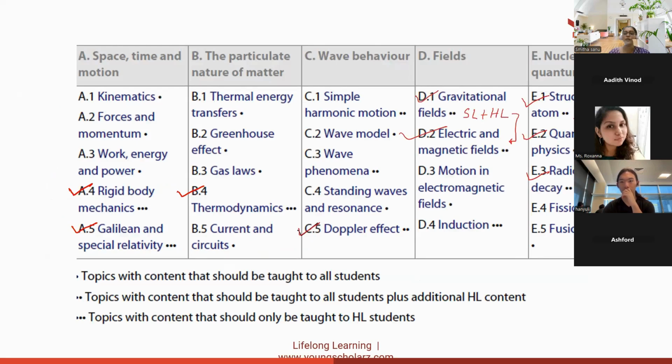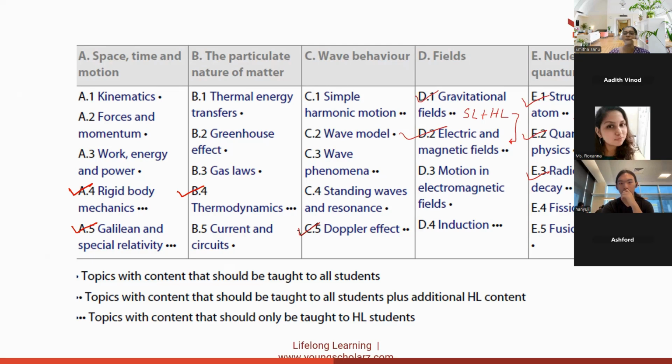To make it simpler, what I have marked here with a red tick is the HL topic. In theme A, A1, A2, A3 are the only 3 topics for SL students. HL would have all 5; that is, they have an extra of rigid body mechanics and Galilean and special theory of relativity.